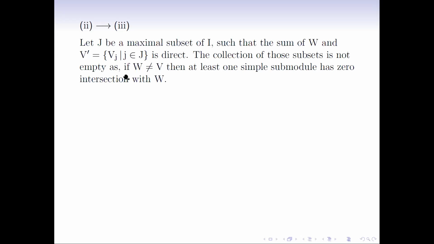The collection of those subsets is not empty, because if W is not V, there is at least one simple submodule which has 0 intersection with W. So J capital always exists, it's not empty.